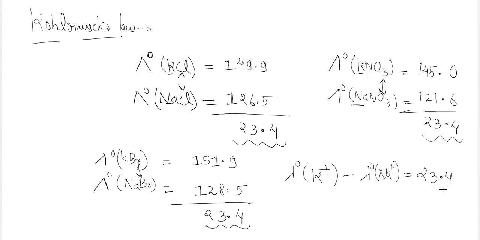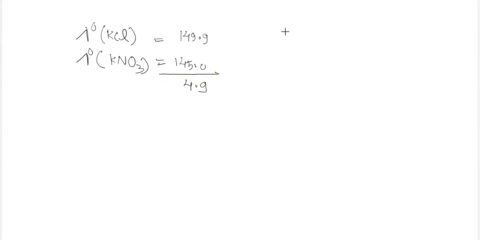So what has been concluded from this value? Similarly, considering 149.9 minus 145, for KCl and KNO3, the difference is 4.9.